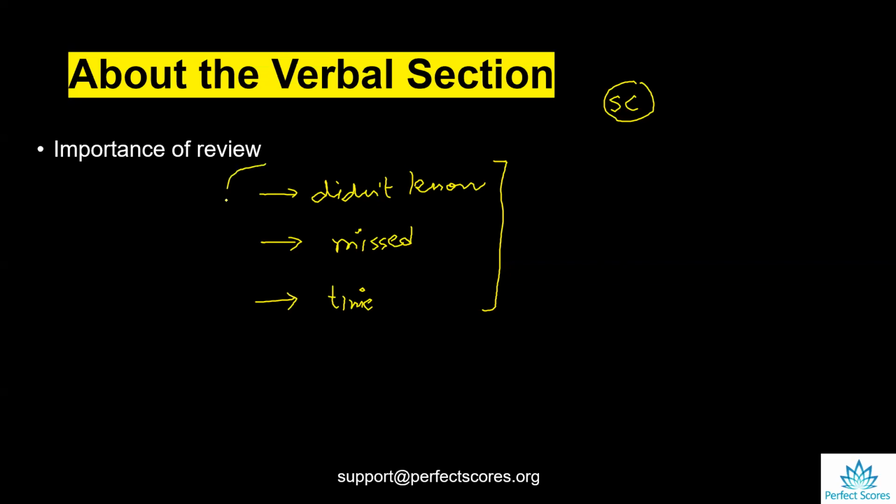So I highly recommend you to keep a log, or some students like to maintain an Excel sheet of the kind of questions they're getting wrong, the mistakes that they're making, and what they learn from each mistake. That is really important. You need to learn from every mistake. From every sentence correction mistake, you will learn a new rule. So that rule is very important.